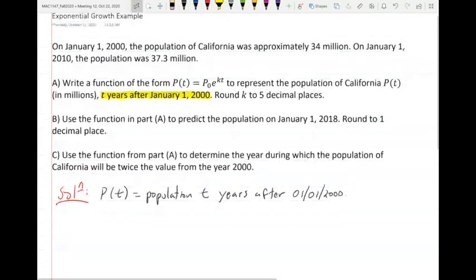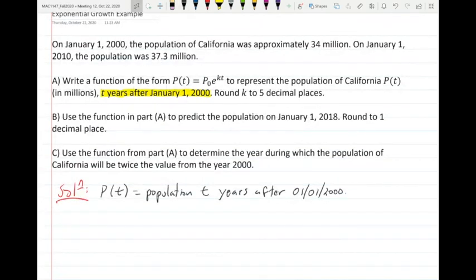So when we read the problem, the very first sentence, what information does that give us? When they say on January 1st of 2000, the population was approximately 34 million. What does that mean about the function? And this, remember, is in millions. So this population is given in millions.